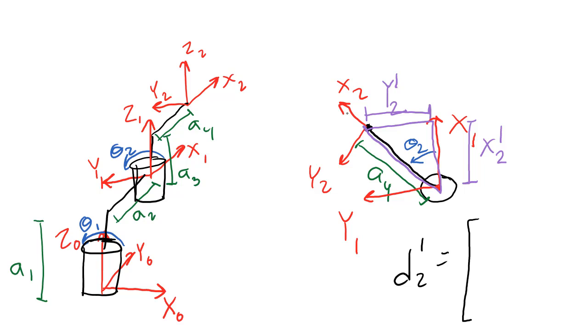The hypotenuse of this triangle is A4. So the cosine would be used to find x12. And the sine would be used to find y12. Finally, the z position of frame 2 in frame 1 can be found from the isometric view. The z position is A3.